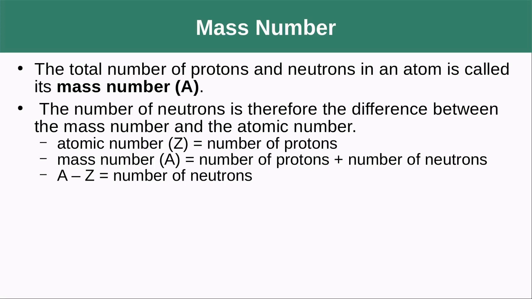So, in order to get the number of neutrons, what we need to do is subtract the atomic number from the mass number. So our atomic number is the number of protons, our mass number is the number of protons and the number of neutrons. Subtracting them gives us the number of neutrons.